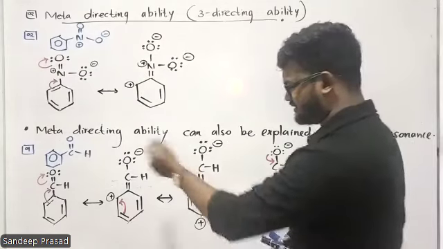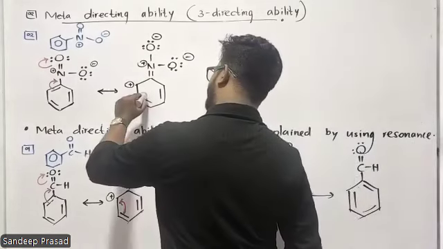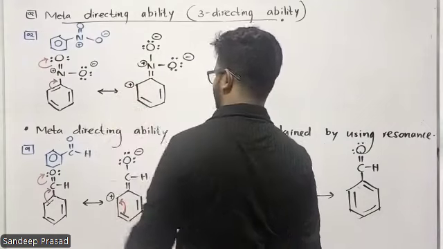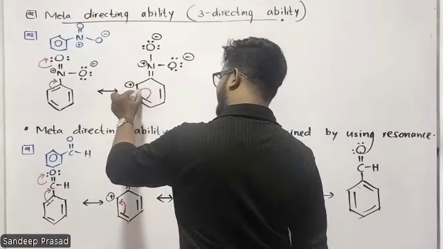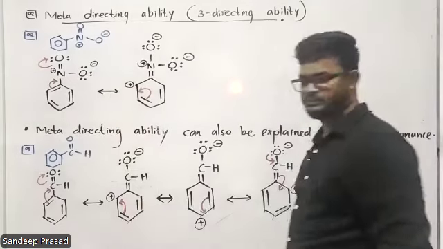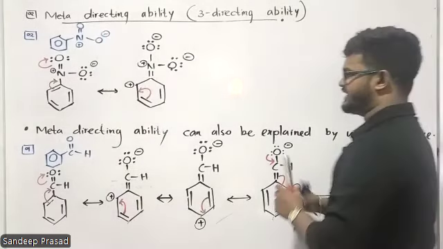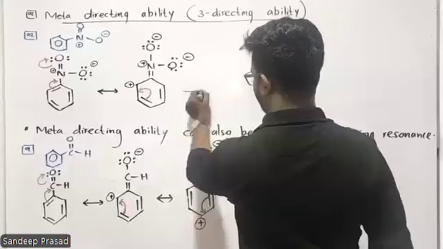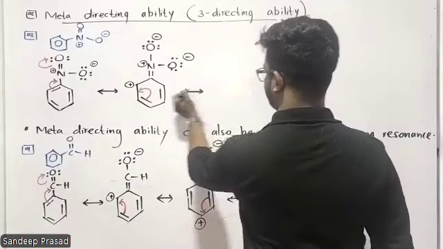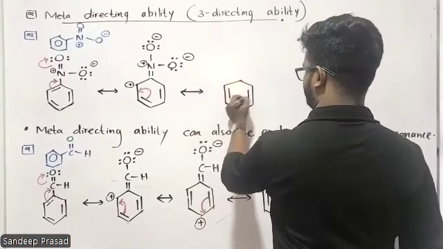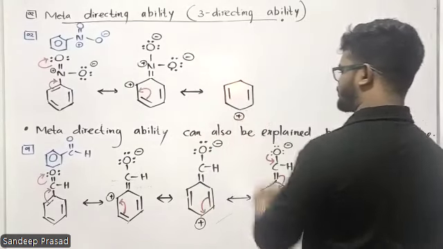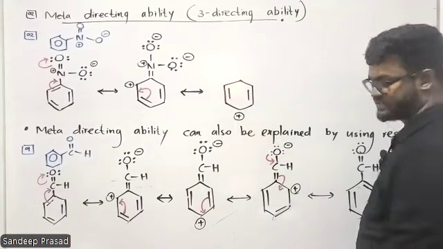Now what will happen? Same thing repeating. In order to fill that electron deficiency, this bond is breaking and giving electrons for this bond. Then we can see that a product is obtained. Then you can see that in the para position, there is an electron deficiency.